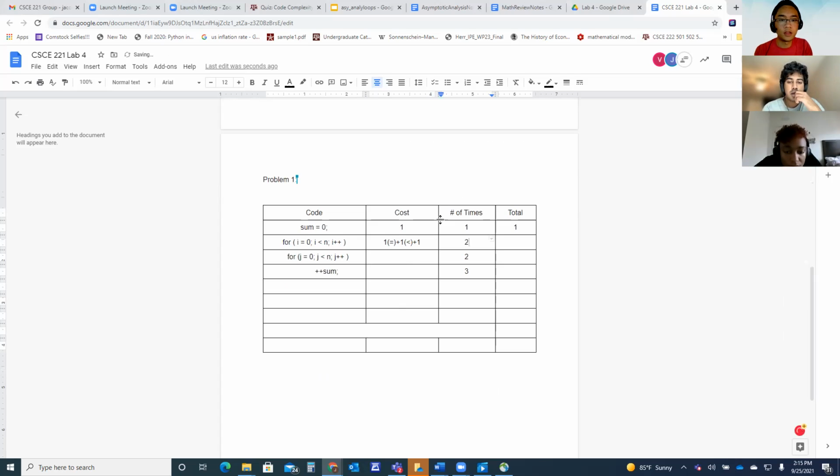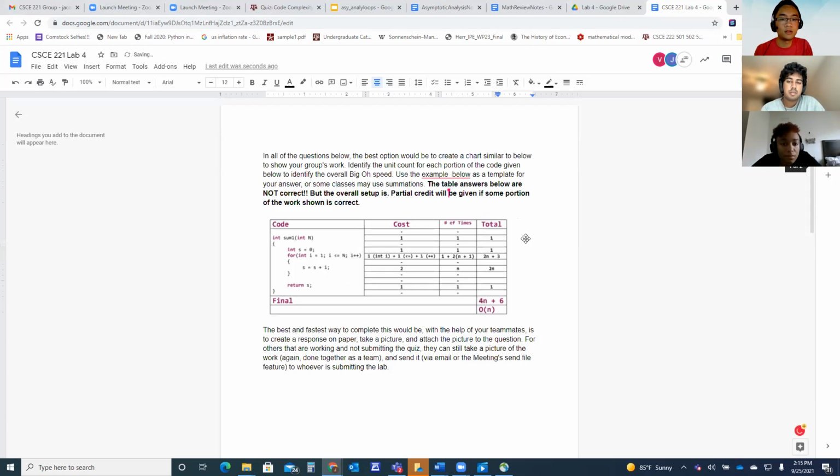The equals is only going to be called once, then this is going to run n times, and then it's going to happen twice because we have to increment and then we're checking if it's less than. So it's 2 times n. And then that'll just be 1 plus 2n, I think.